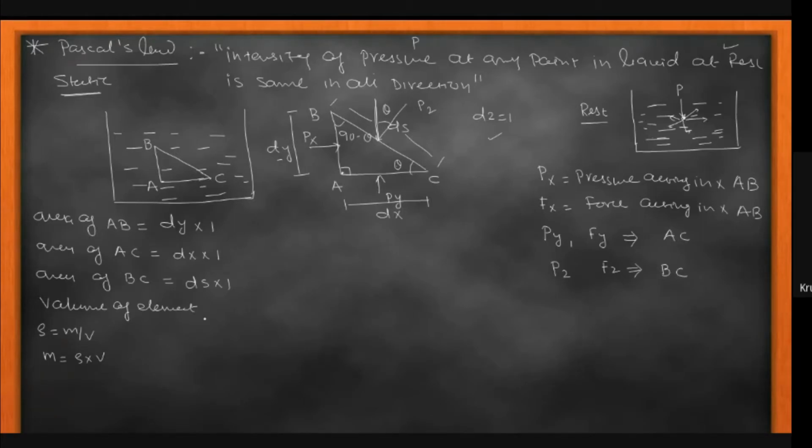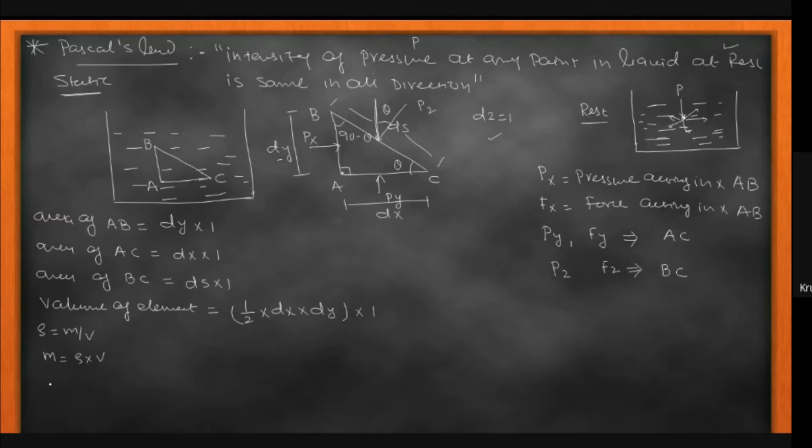And the volume of the element is area multiplied by the height or the width or the depth. It is 1/2 base into height. So what is the base? Base is dx and height is dy. So we get volume equals area into length. Area is 1/2 base into height, the base is dx, the height is dy and the perpendicular dimension is 1. So we get 1/2 dx into dy. Clear?